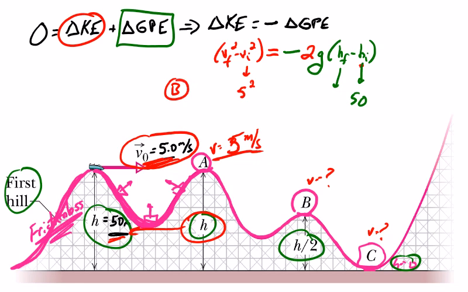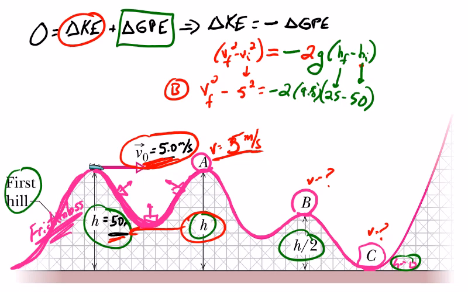We're going to try to find the final velocity at B. So I've got VF squared minus this 5 squared. That's going to equal, let's put in everything on the right side, a minus 2 times our 9.8 times, and my final height is half of this, so that's going to be 25 minus 50.